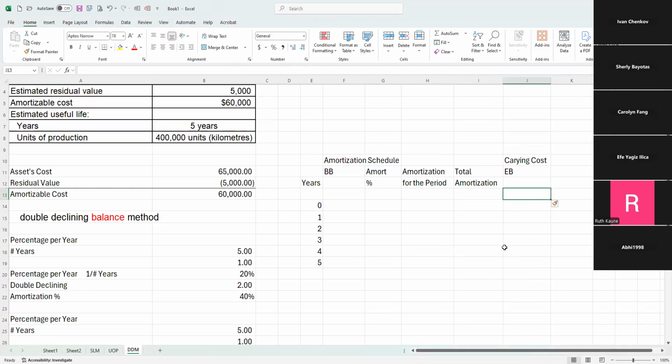What's our carrying cost in the year 0? 65. And then we start working.